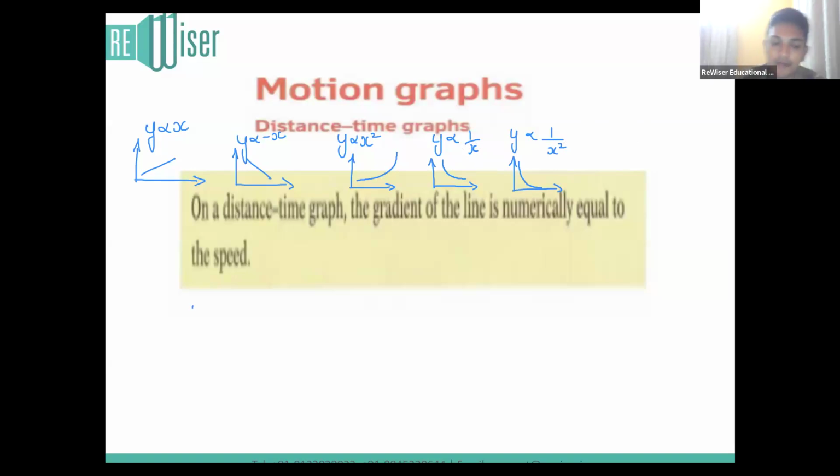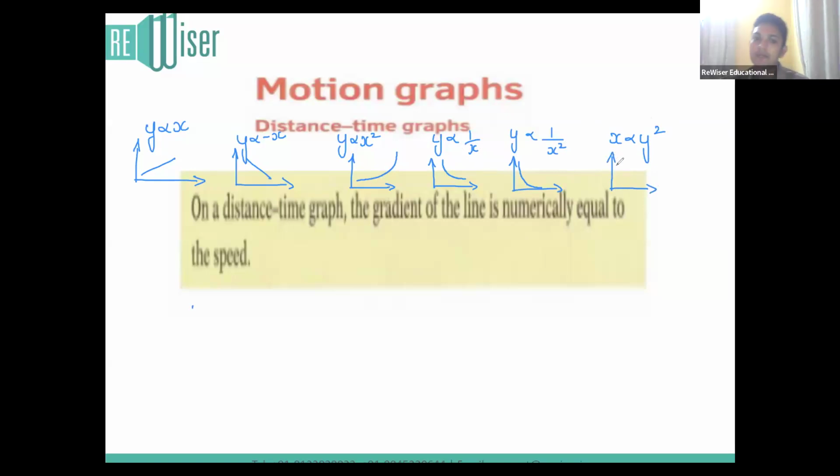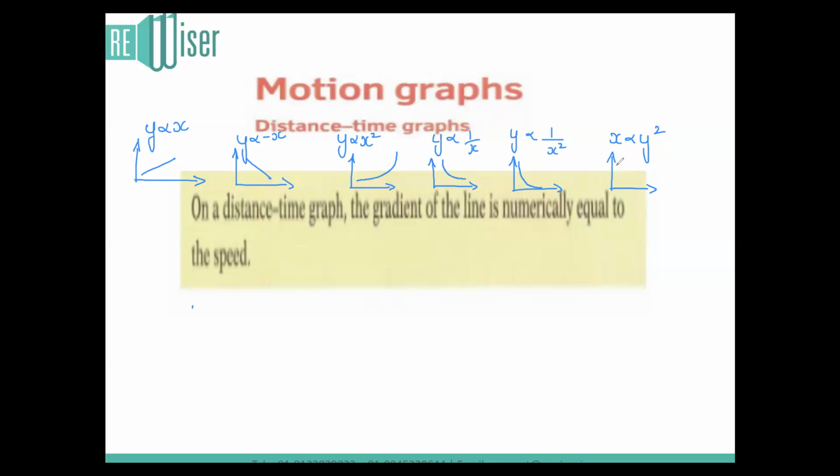Okay, fine. Next. What about x proportional to y square? I'll tell you why I need this. Should I try drawing it? Yeah, you tell me what the shape will look like.